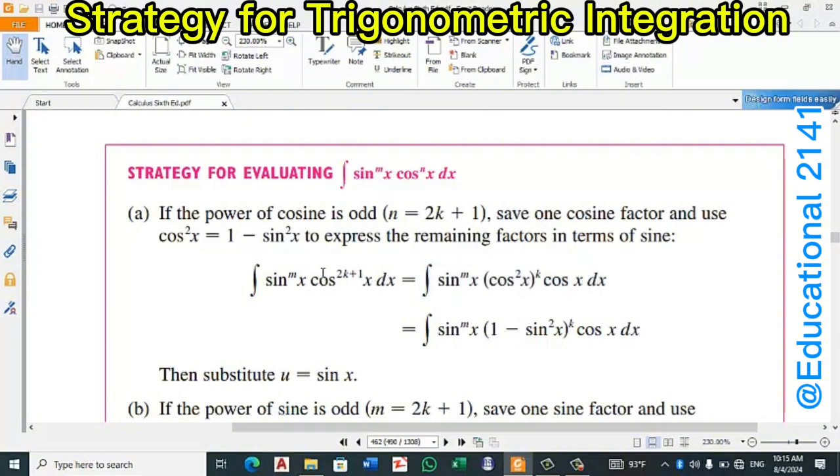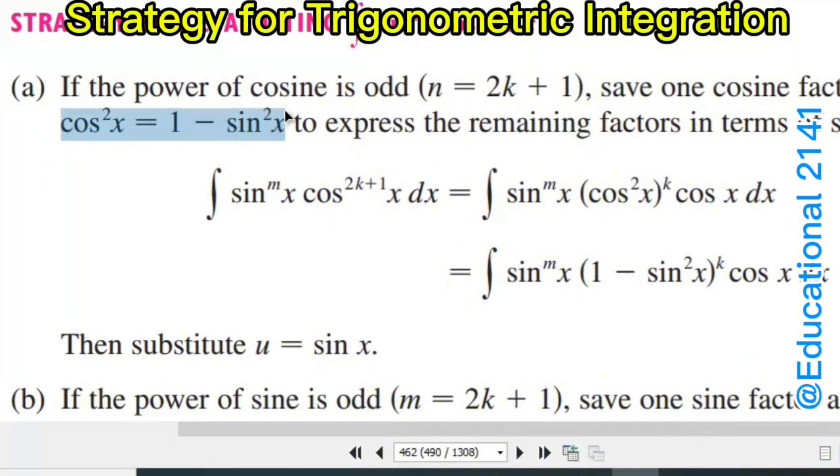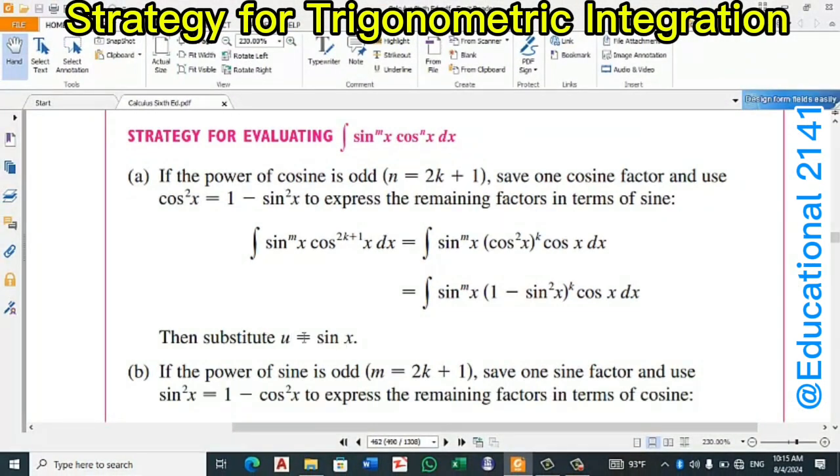Now, instead of cosine of x squared, we use the identity 1 minus sine of x squared, and have the cosine of x dx. Now, by substituting u for sine of x, we can easily calculate the integral.